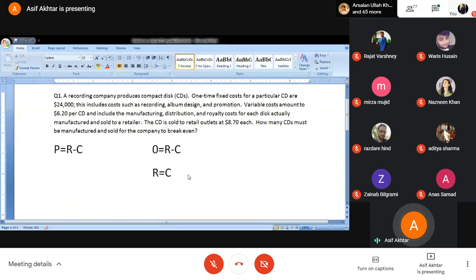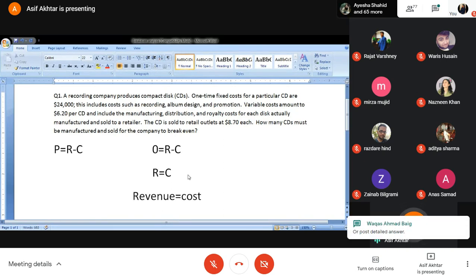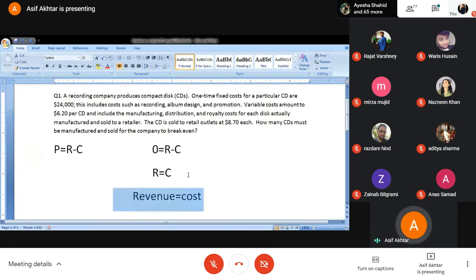So in case of the break-even point, we have revenue equal to cost. This is the important equation of the break-even point, because profit equal to 0 or loss equal to 0 is what we have. So revenue equal to cost.